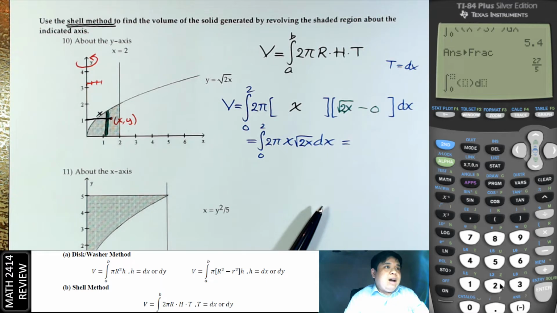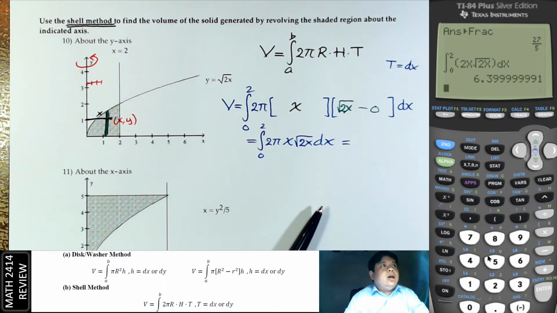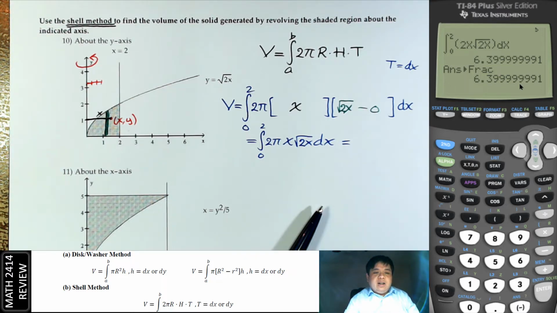Again, I'm going to take out the pi. I'm just going to say 2x square root of 2x dx. This will not go to fraction, so that is 3.999999 something.